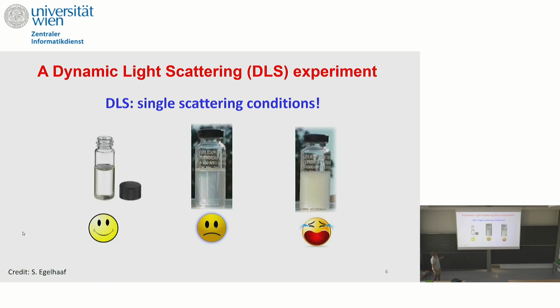In practice, if your sample looks like that, you're happy. If it looks like that, maybe you have to worry a little bit. And if it looks like that, okay, that's a problem. But there are tricks to learn things for such samples, and I will mention them later on.